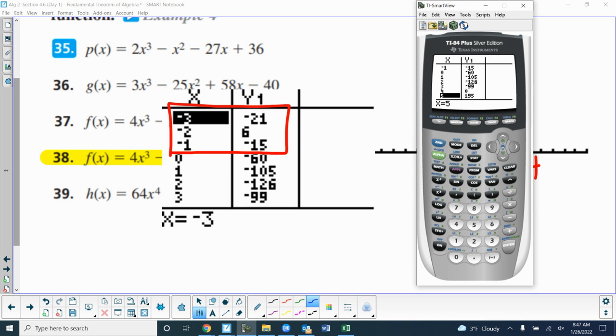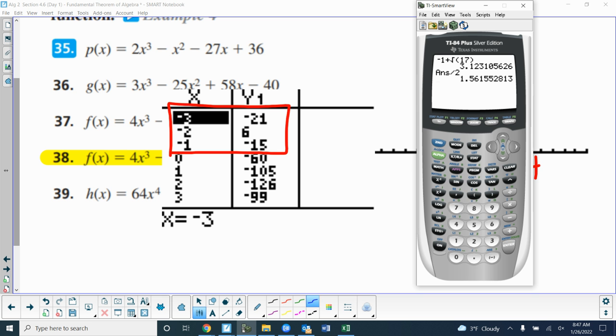37, you get 1, and then they have the answers in radical form. It's -1 plus the square root of 17 over 2, and -1 minus the square root of 17 over 2. So let's put that in the calculator. All right. So -1 plus the square root of 17 divided by 2. So the decimal is 1.56.